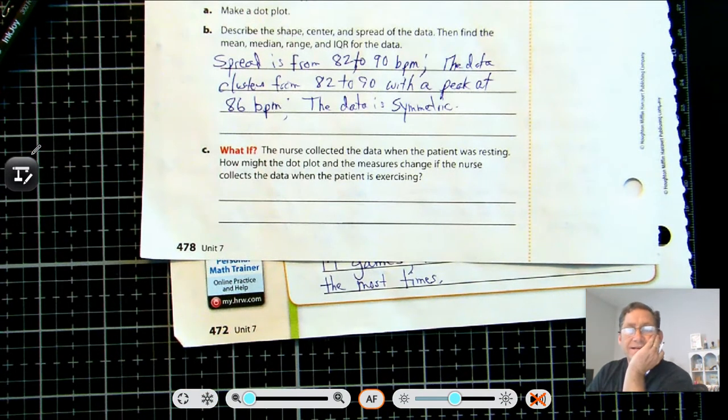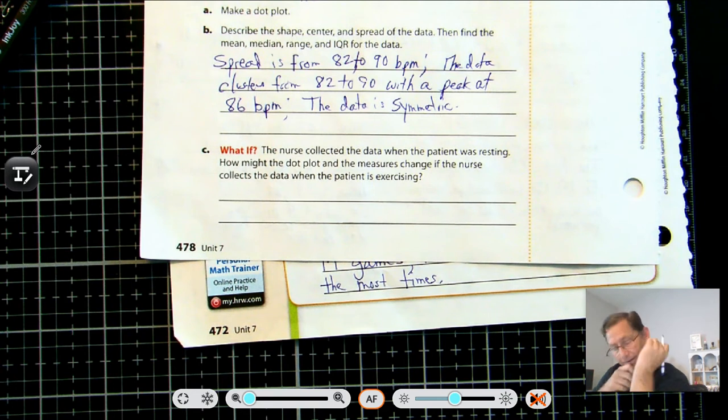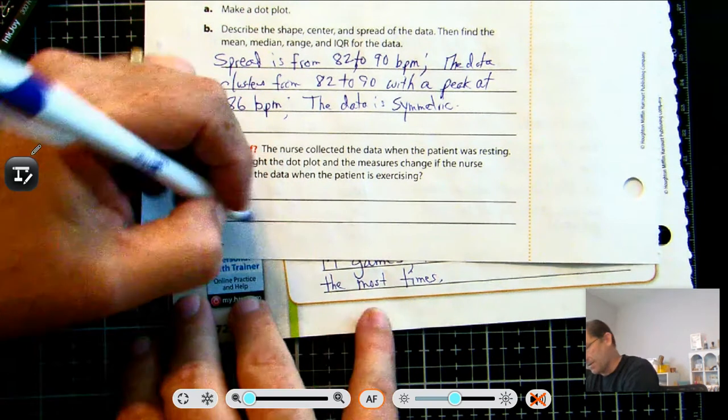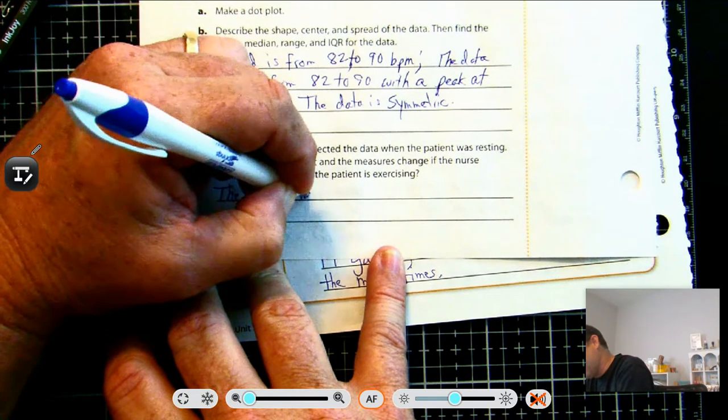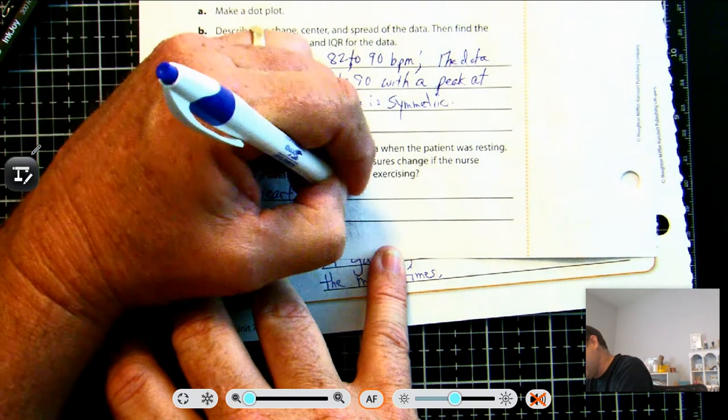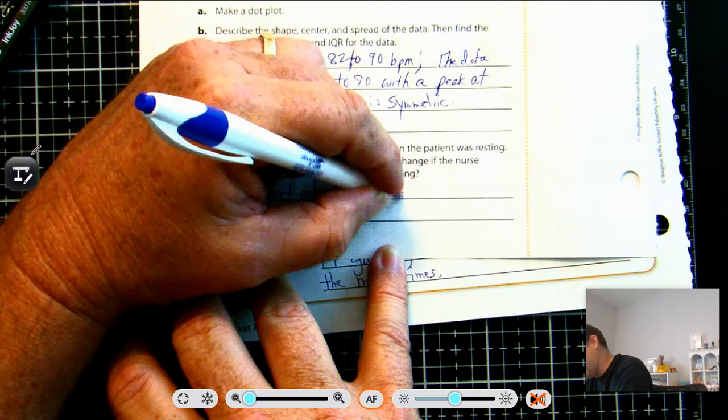All right, so the nurse collected the data when the patient was resting. How might the dot plot and the measures change if the nurse collects the data when the patient is exercising? Well, the beats per minute is going to increase, right? So the heart rate might go up.